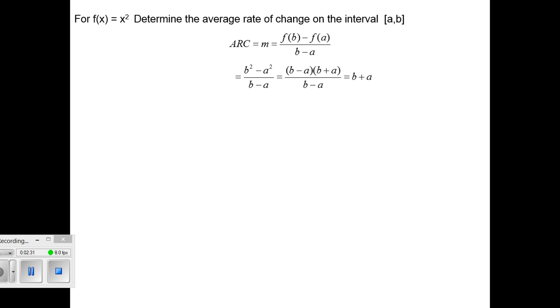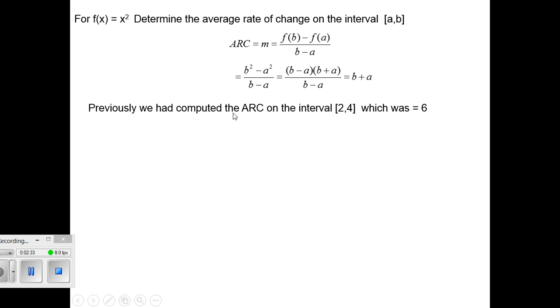Previously, the average rate of change on the interval 2 to 4 was 6. From a to b, a being 2, b being 4, simply plug those back in, and of course this gives you 6, which is in agreement with what we found earlier.